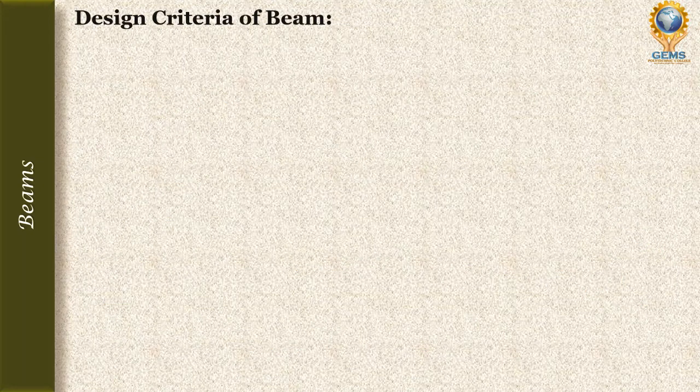Till now, in this video, we saw the basic introduction and the different sections used as a beam in a steel structure. Now we are going to see the design criteria of a beam. What are the design criteria we have to consider while designing a beam? There are three major design criteria. First one is design for bending moment.